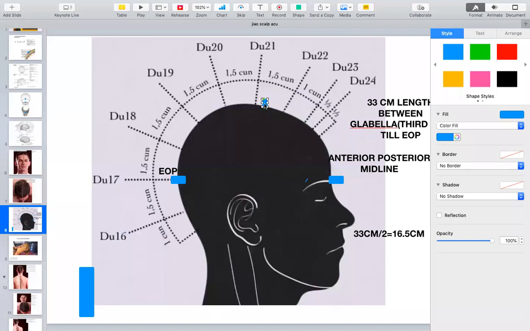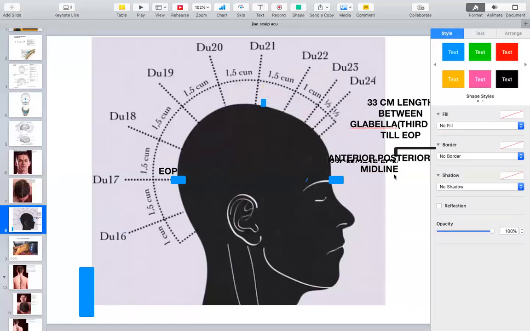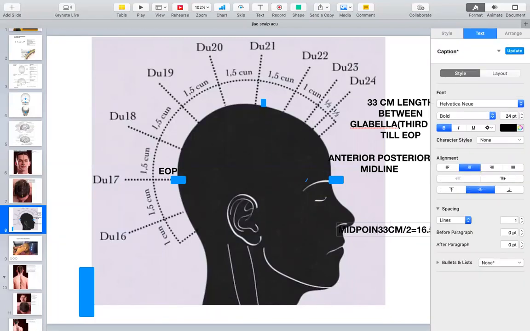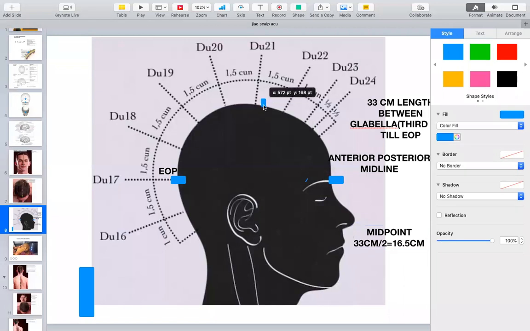If the total line from the third eye to the EOP is 33 centimeter, then this midpoint will be 16.5 centimeter. Now we reach near about the top of the head. Next we will do something from here. How? Now look here.